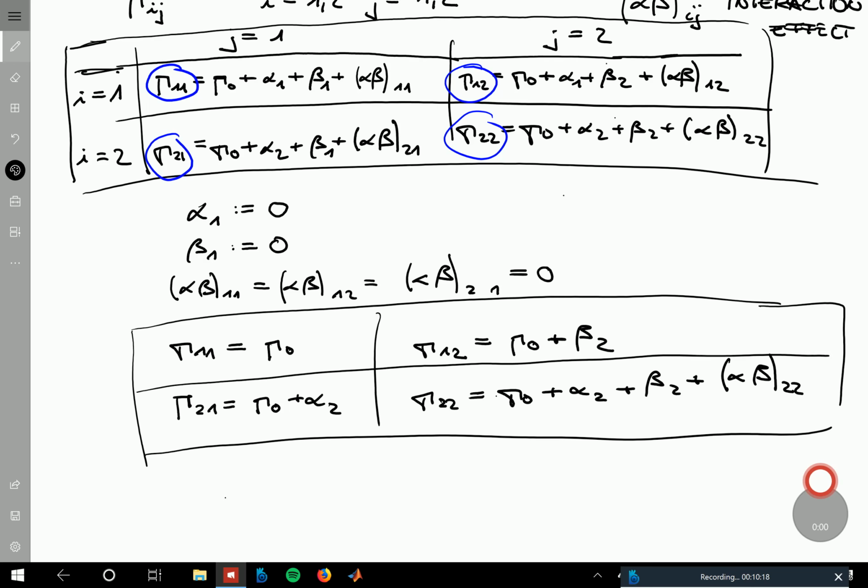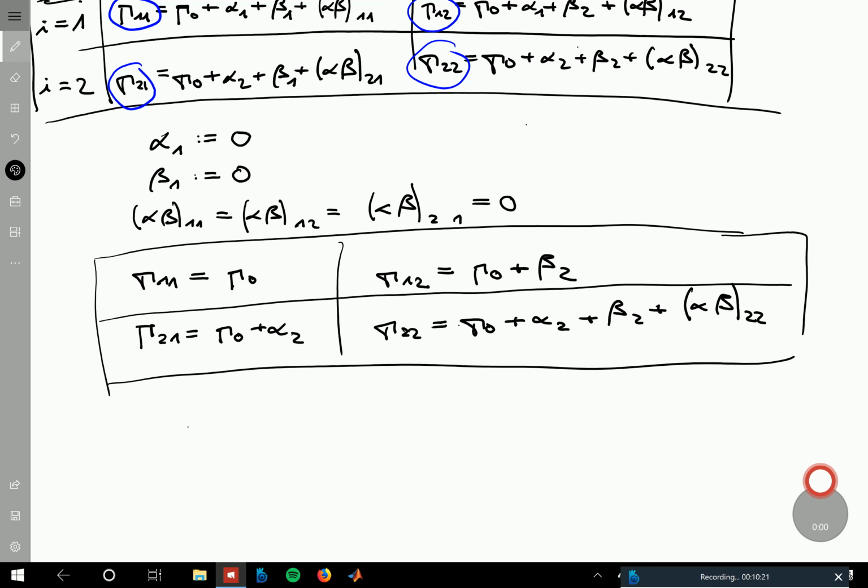So what do we see? Now if we go over levels of the column factor, so if we start here, J1, and look at what we have at J2, we see that the expected value depends on the row factor. If we go from here to here, we have an additive term of beta 2. That was like in the additive version.